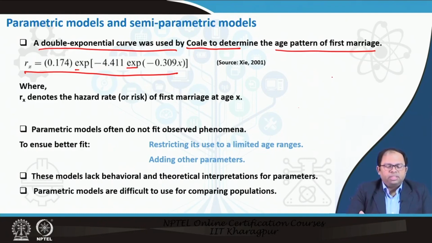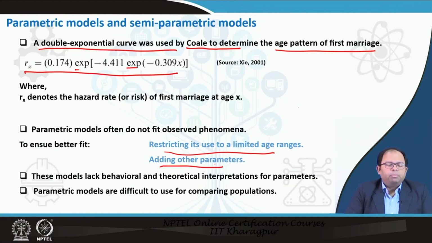But both of these equations, as we can see, may fit a particular population, or they may not fit a particular population, or they may not fit with different age groups. So, to ensure better fit, we can restrict the use of these equations to a limited number of ages, or we can add some other parameters in the equation to make it more flexible.